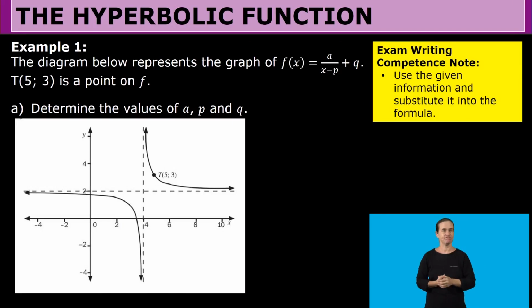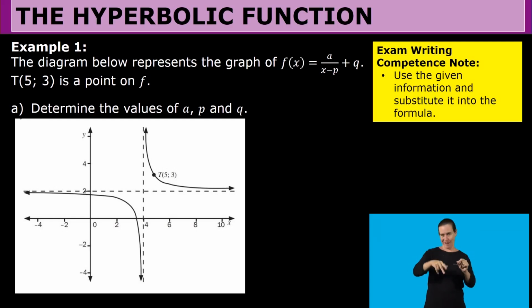It says there, the diagram below represents the graph of f of x is equal to a over x minus p plus q. T, which is (5; 3), is a point on f. Now determine the values of a, p, and q. So of course here we are just being asked to determine the equation of this given hyperbola.